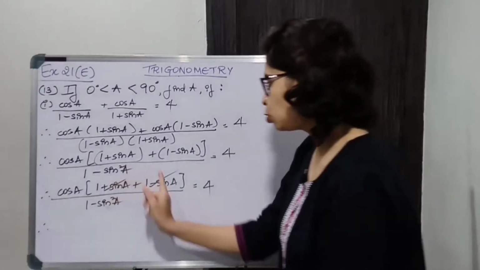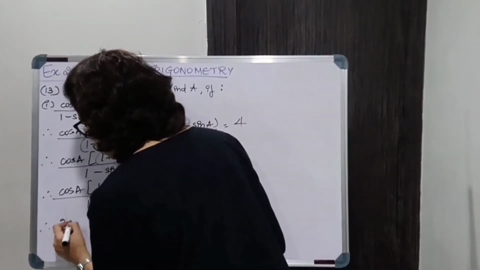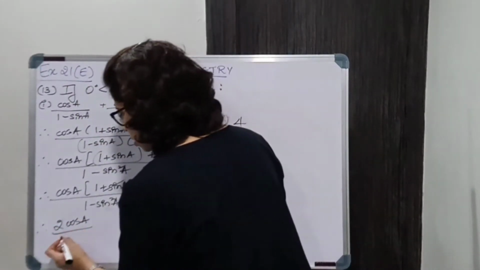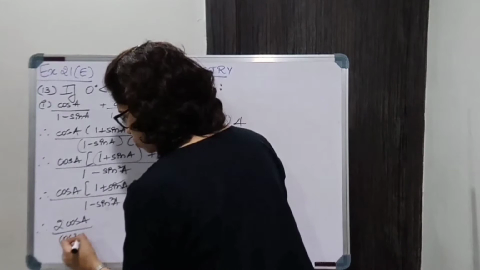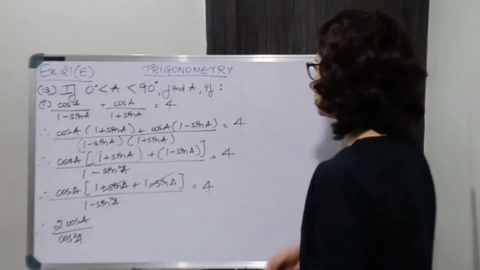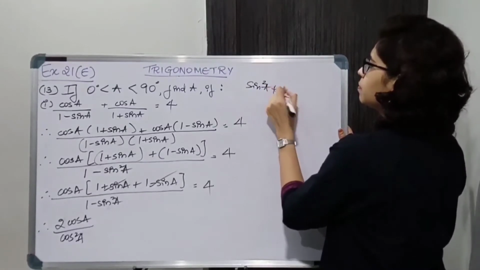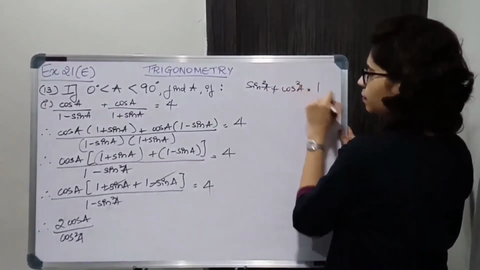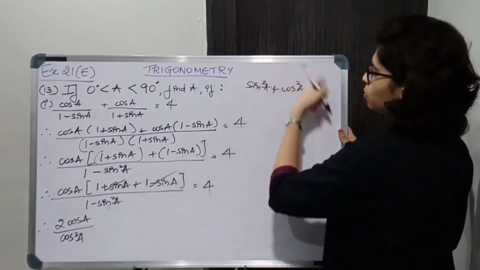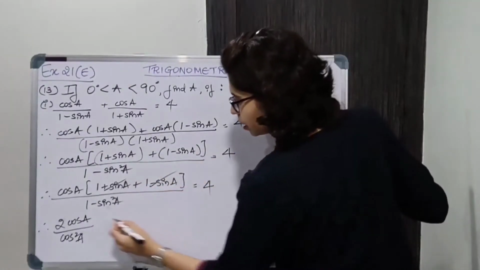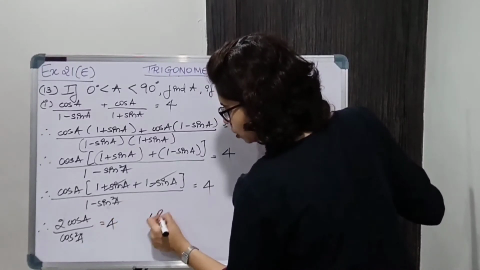We are left with 2. 1 plus 1 gives 2. 2 cos A upon 1 minus sin square A, which is cos square A using the identity. 1 minus sin square A, when shifted, leaves us with cos square A. So we are substituting that over here. You have to give a reason for the step.